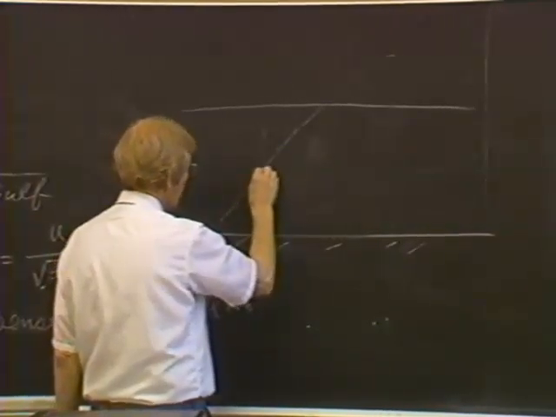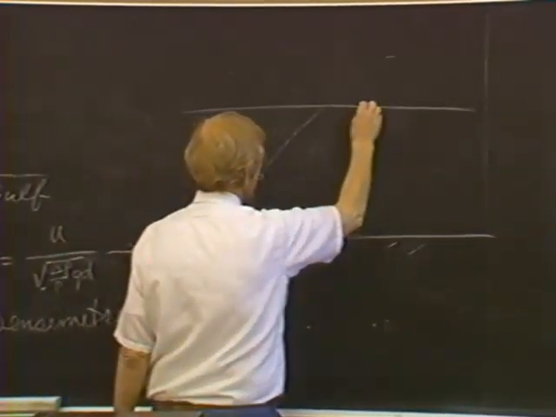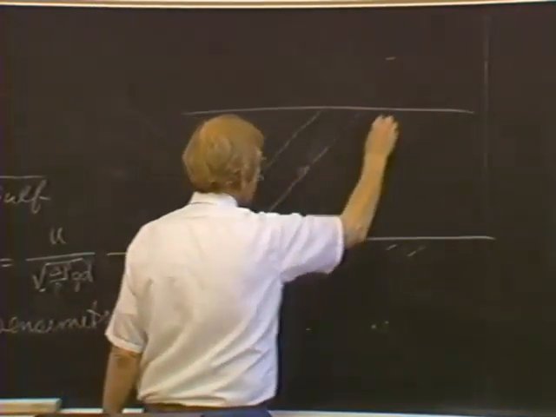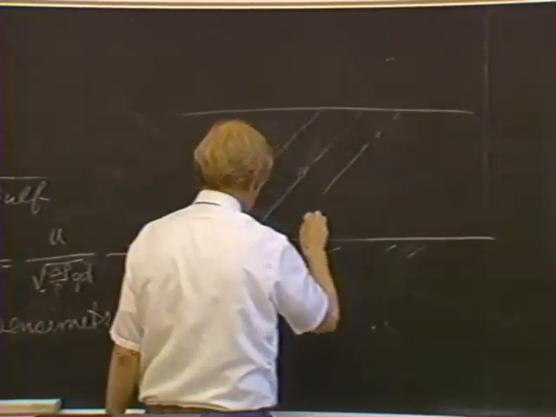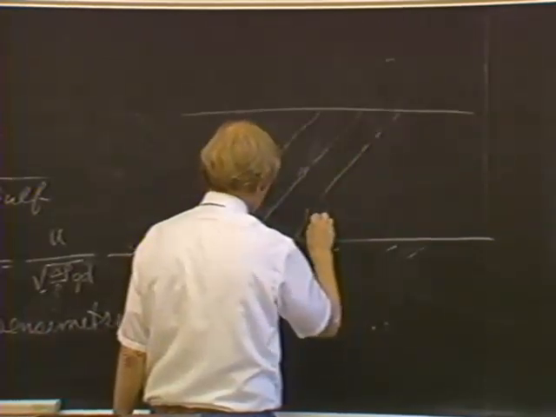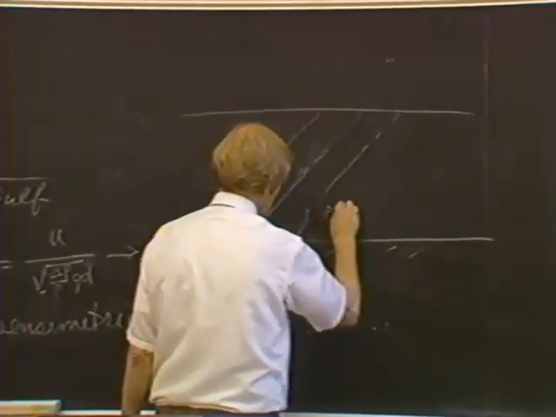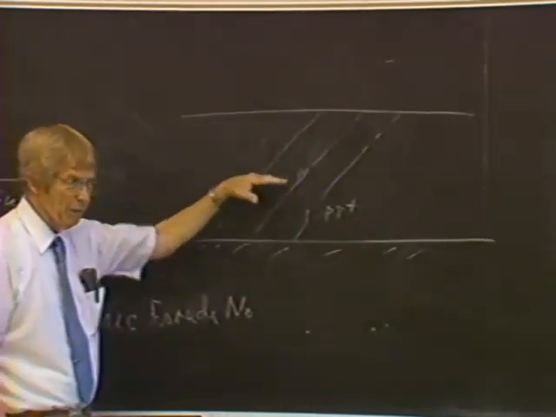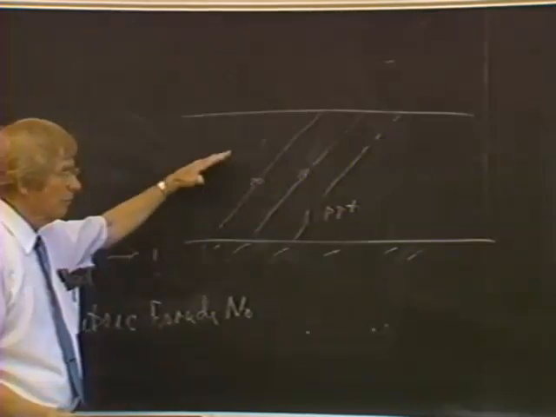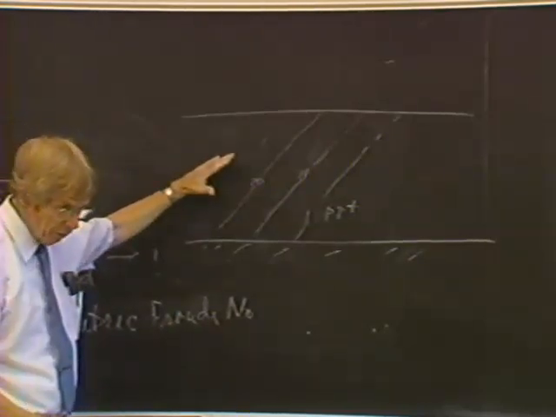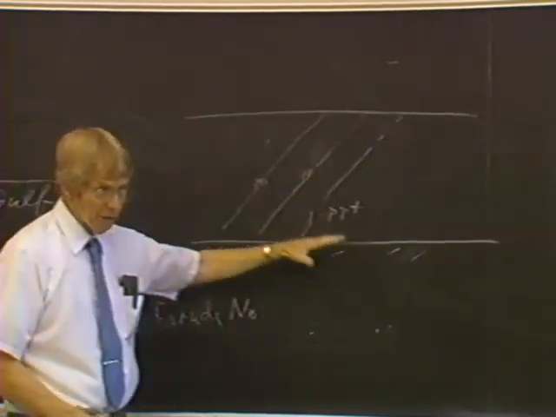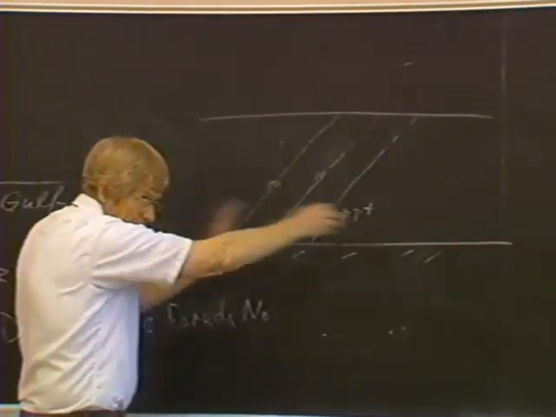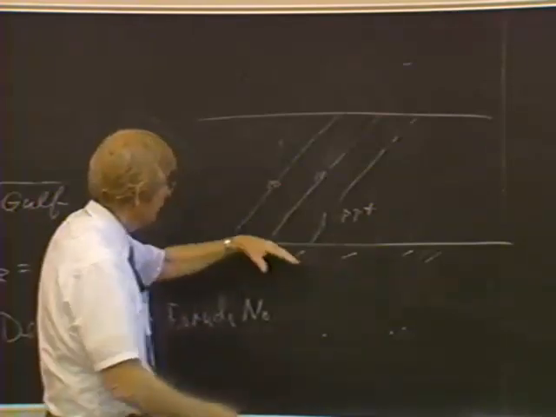Let's say this is 20 parts per thousand, 10 parts per thousand, 1 part per thousand. That is, when you have strong mixing, you get something like this. This is associated with relatively small freshwater outflows and large tide range, and it results from the fact that the tide makes the water flow back and forth and causes vertical mixing.